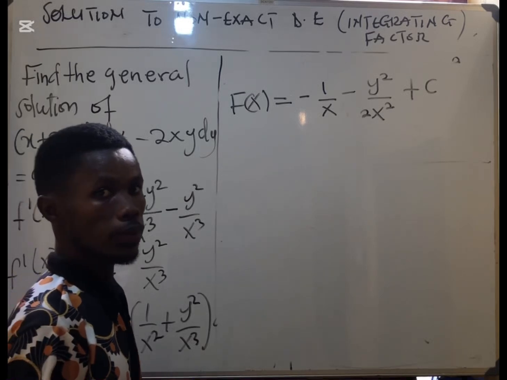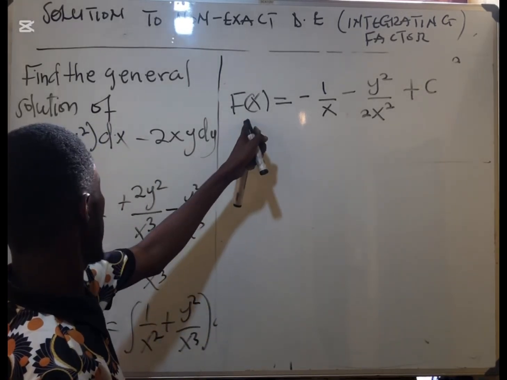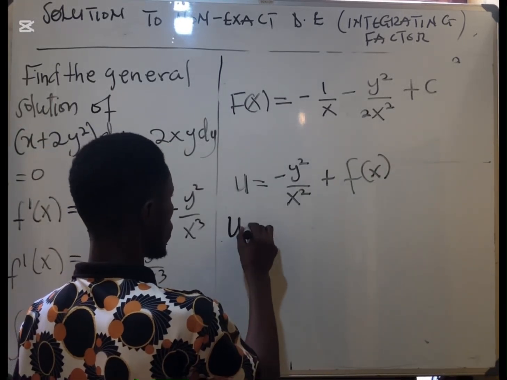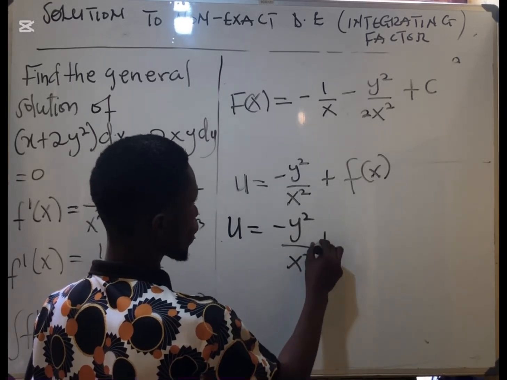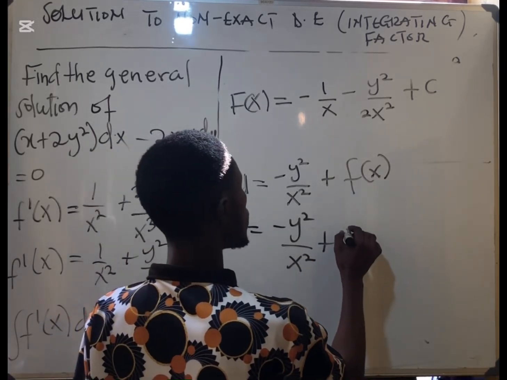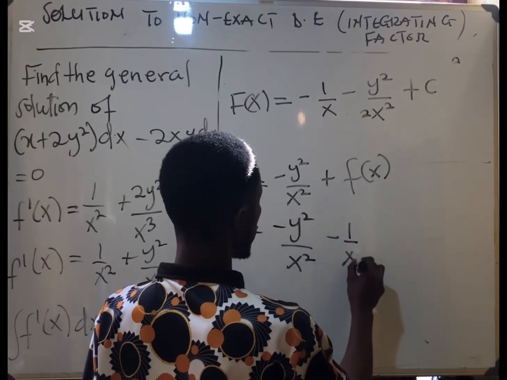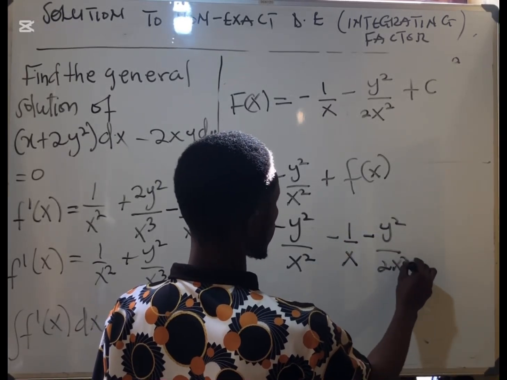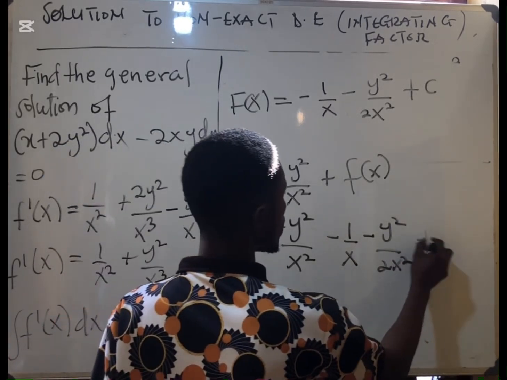So now this becomes our f of x. Negative y squared over x squared plus f of x, which is now negative 1 over x minus y squared over 2x squared. Is that okay? So now plus c.